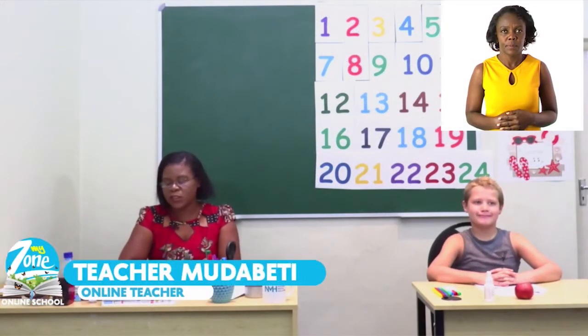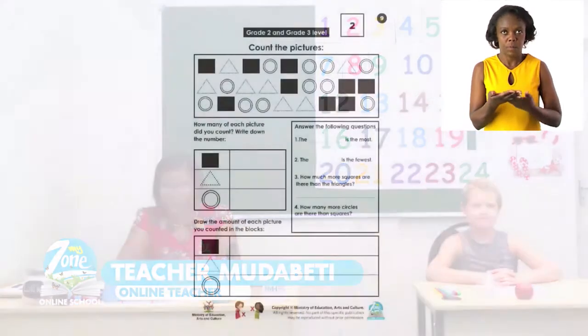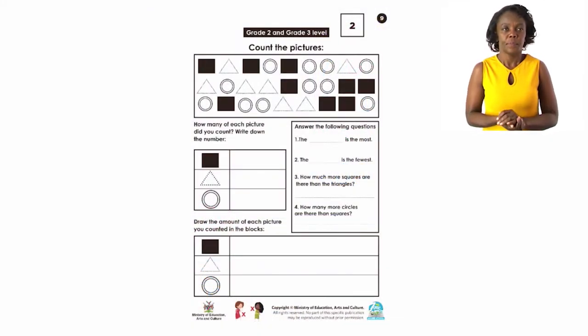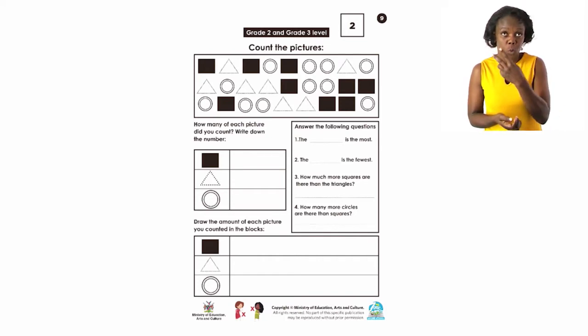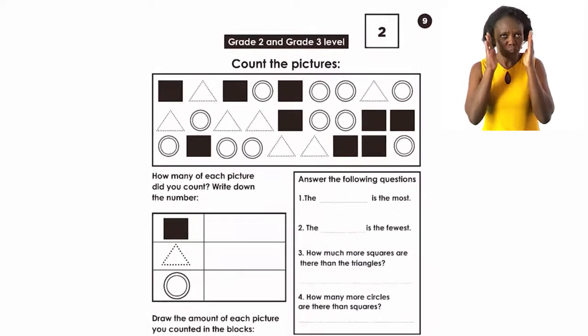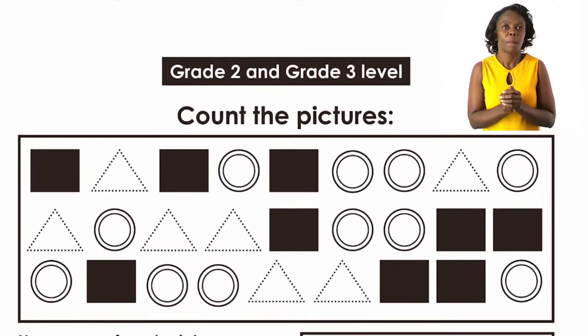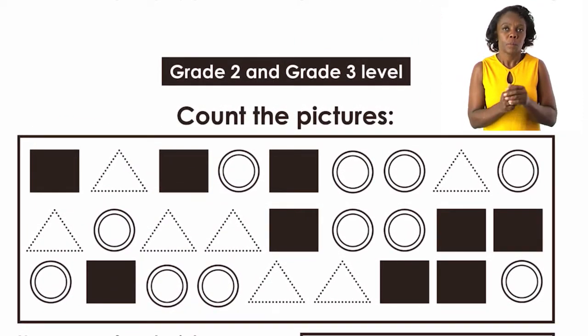Children, can we now go to page 9? Now the grade 2s and the grade 3s, both of you have to concentrate because this topic is for both of you. We are going to learn about the shapes there. We are just going to remind ourselves. Remember, we have learned about the shapes already. So we have the square in black.